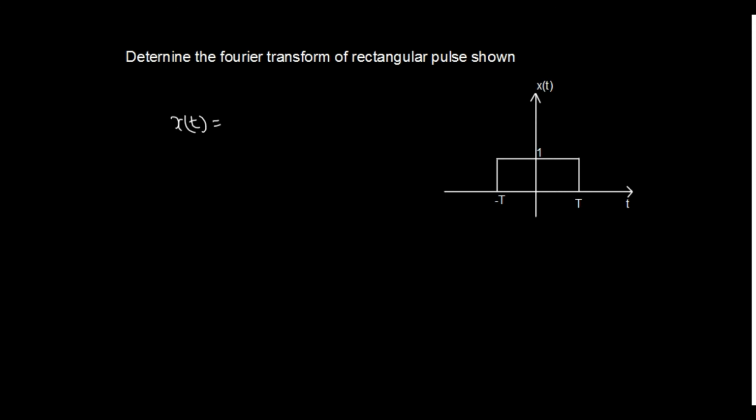This x of t value is 1 from minus T to plus T, for t equals minus T to plus T. The x of t value is 0 otherwise. See, the x of t value to the left of minus T is 0, and to the right of plus T is 0.